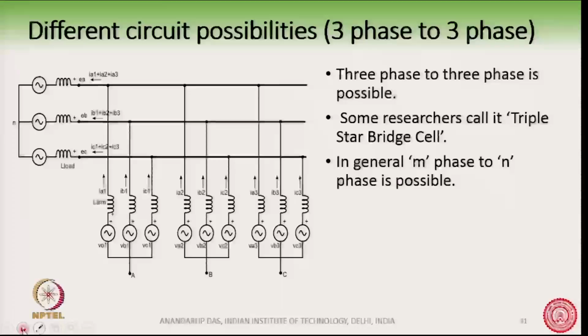Now, so far we have considered a double star configuration. So, we had 3 upper arms and 3 lower arms, two stars, star 1 and star 2.